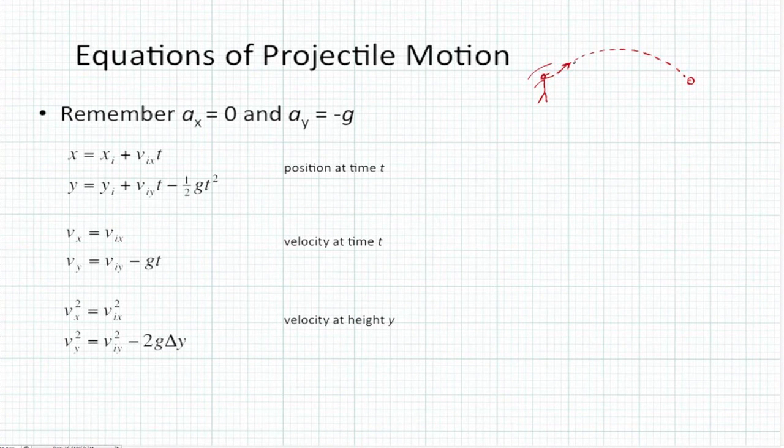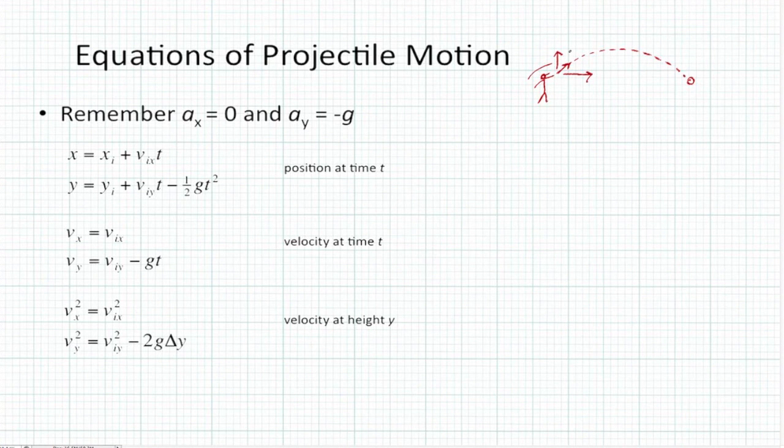Those of you who have played Angry Birds for any amount of time know that you've got to angle your projectile up in order for it to go some distance. So we have some x component of the motion and some y component of it.